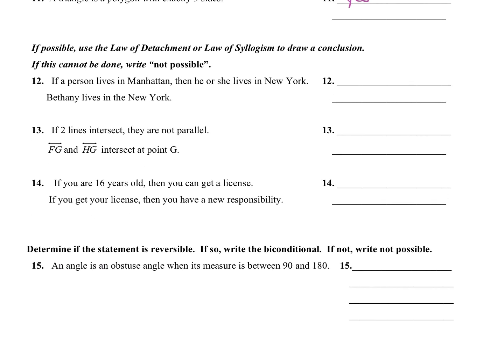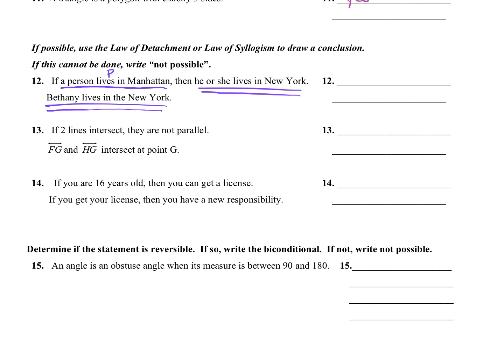All right, this one. Okay, now stop and think here, right? This is law of detachment. If a person lives in Manhattan, then he or she lives in New York. Bethany lives in New York. Not possible.